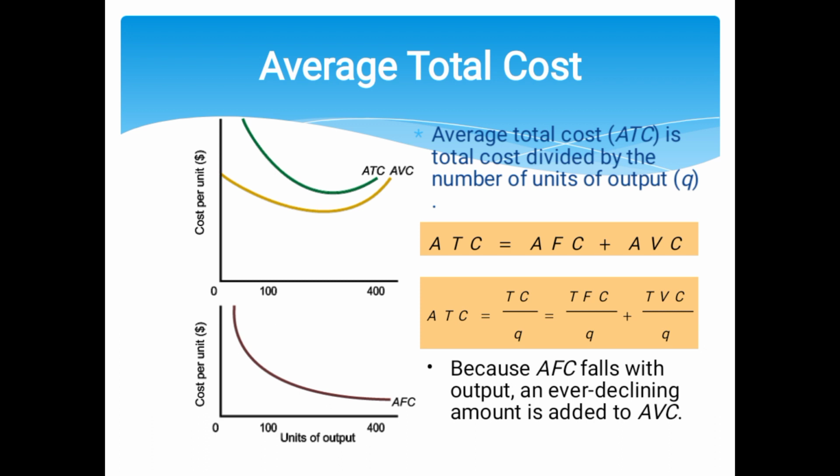Average total cost is equals to total cost over number of units of output, which is equals to total fixed cost over number of units of output plus total variable cost over number of units of output. Because average fixed cost falls with output, an ever declining amount is added to AVC.